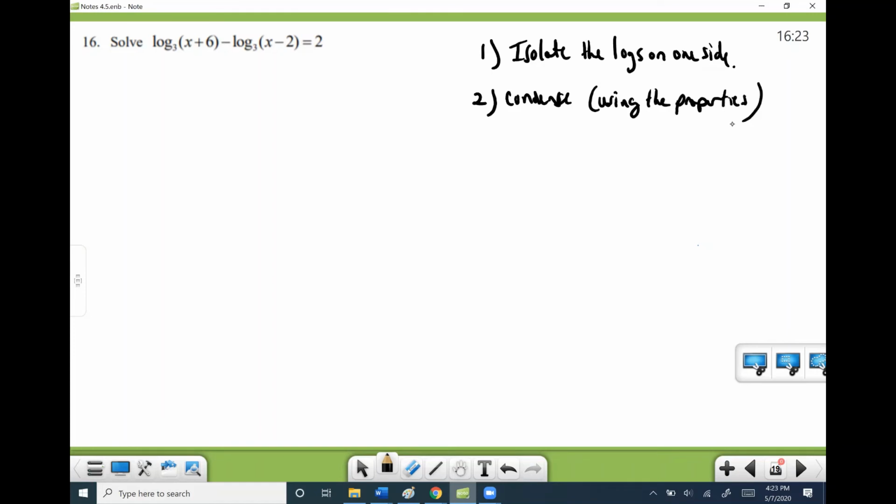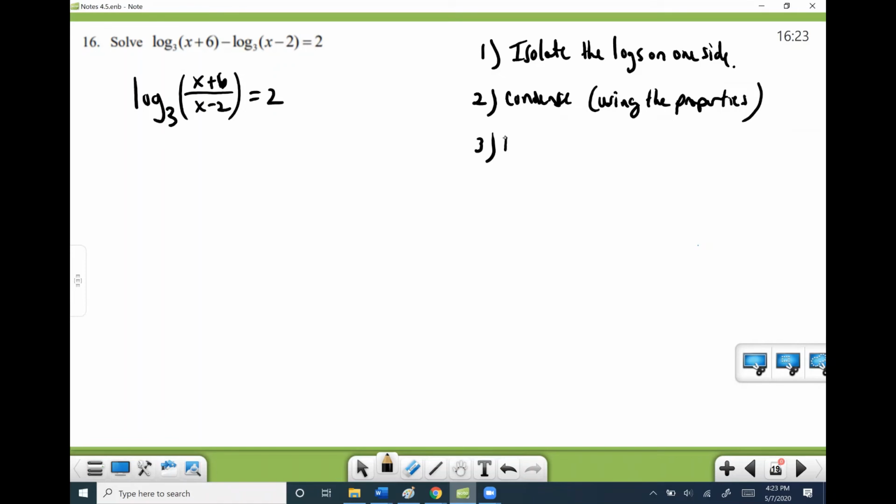Okay, so I'm gonna make those 2 logarithms become 1 logarithm. Oh my. Okay. So we got division I'm seeing, very good. So subtraction right there tells me that this is gonna become division. So it's gonna be x plus 6 on top of x minus 2. So condense, done.